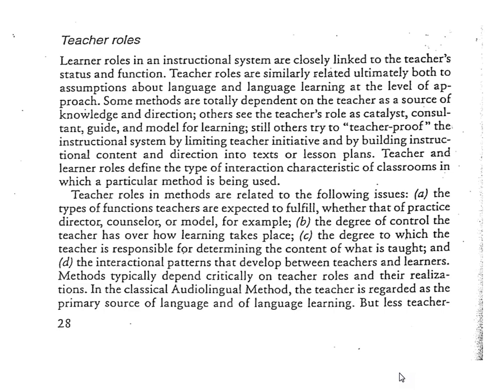But the teacher's role is important in an approach or method: the type of functions teachers are expected to fulfill, whether that of practice director, counselor, or model of the language learning process. Also the degree of control the teacher has over how learning takes place.